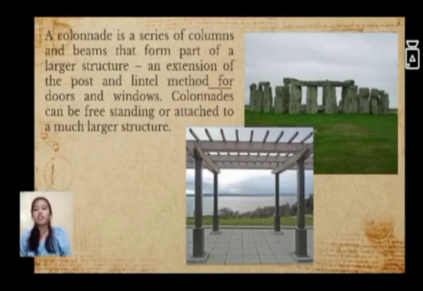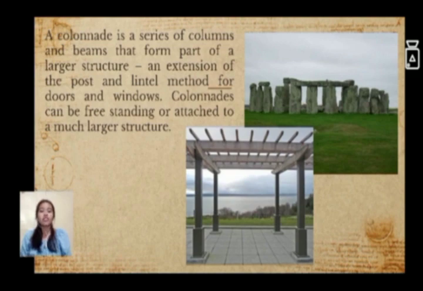Next we have the colonnade. A colonnade continues the post and lintel method as a series of columns and beams enveloping larger areas of space. Colonnades can be freestanding or part of a larger structure.